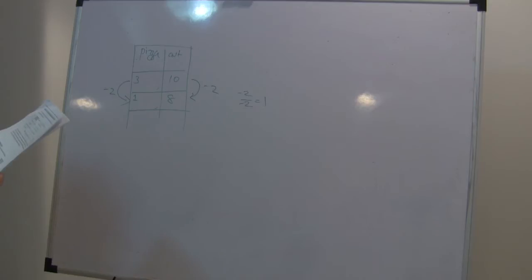So the question actually states that if the price of the pizza follows a linear model, find the equation that best describes the relationship between the price of the pizza and the number of toppings. So we can safely assume that because this follows a linear model, the rate of change is constant.